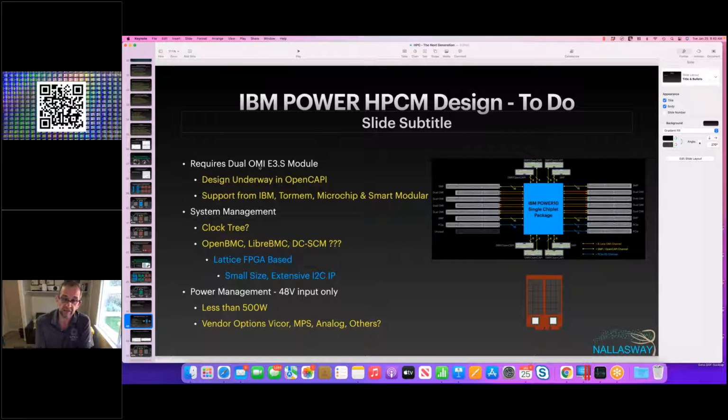Whereas CXL and Gen Z already have modules, from you, and Smart Modular have a Gen Z E3.S module. So it's clear the serial memory standards are trying to align with the mechanical form factor of the storage world, and they're all coming together under this new EDSFF form factors, E1 and E3. And so what I'm doing here in OpenCAPI is we're saying, let's come and join the EDSFF party with the open memory interface, which is complementary to CXL.